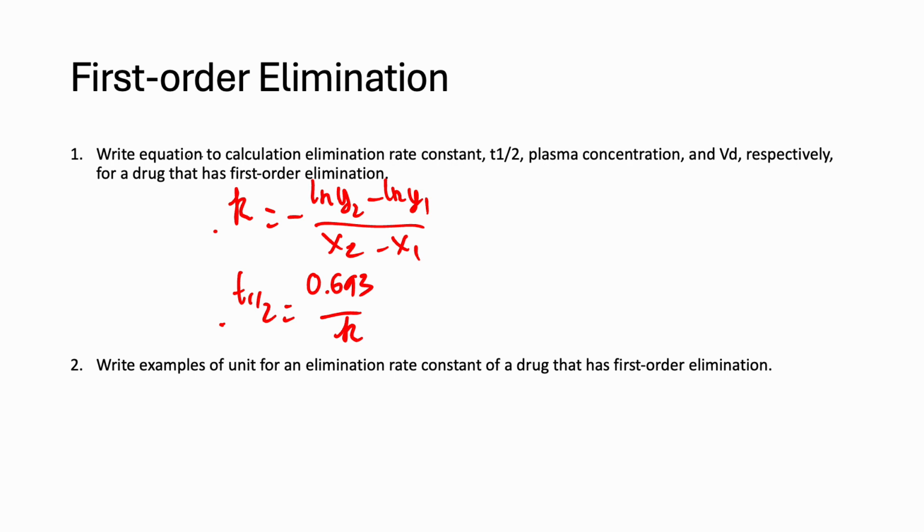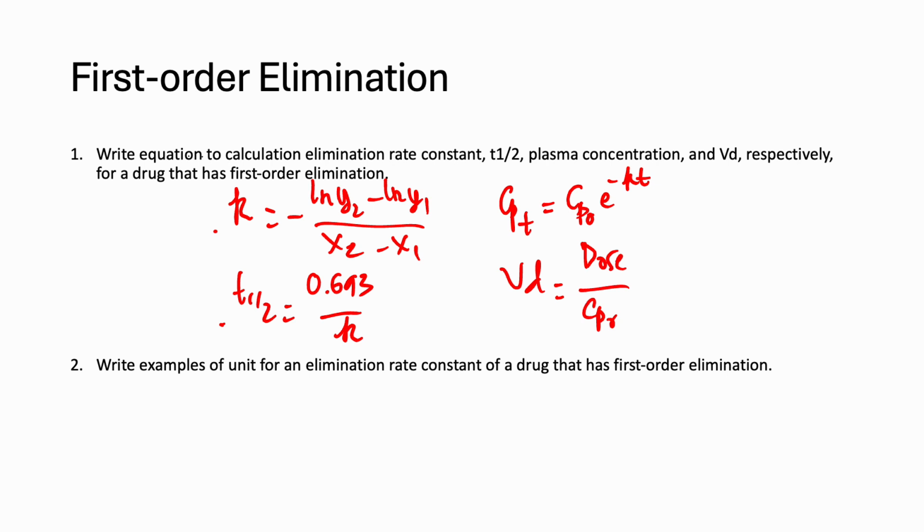For the plasma concentration of drug at any time, Ct equals C0 times exponential of minus Kt. Volume of distribution equals dose divided by Cp0.